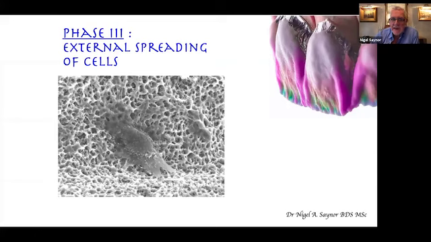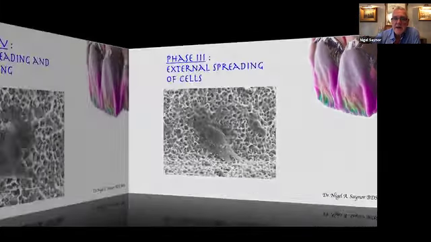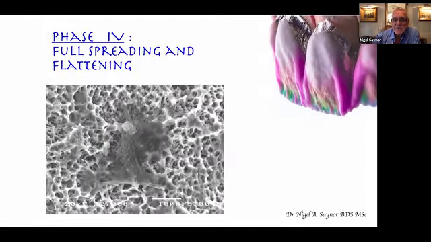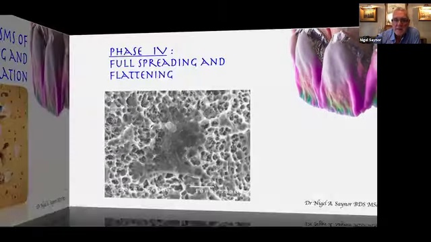Phase three, you get the external spreading of the bone cell, the osteoblast, spreads out, the lamellipods spread themselves onto the surface of the implant until you get onto phase four, where you get the full spreading and the flattening of the bone cell.